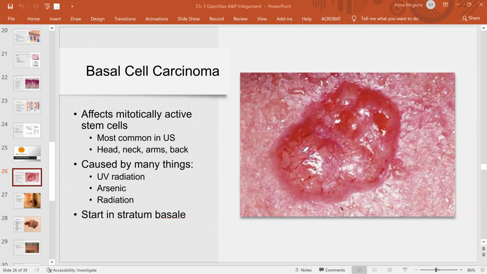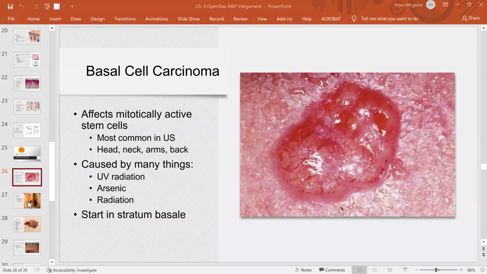It's not very big, it might be pretty small. It might look like a wound that just does not heal, or it healed for a while and then continued to develop, but you will see blood vessels.